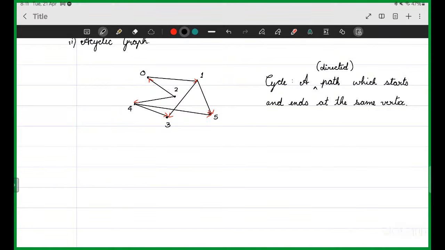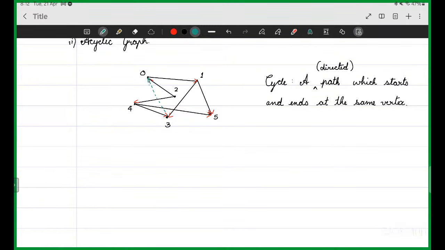No such cycle. Suppose I had, let's say, another edge, something like this. With that, will this be cyclic or acyclic?